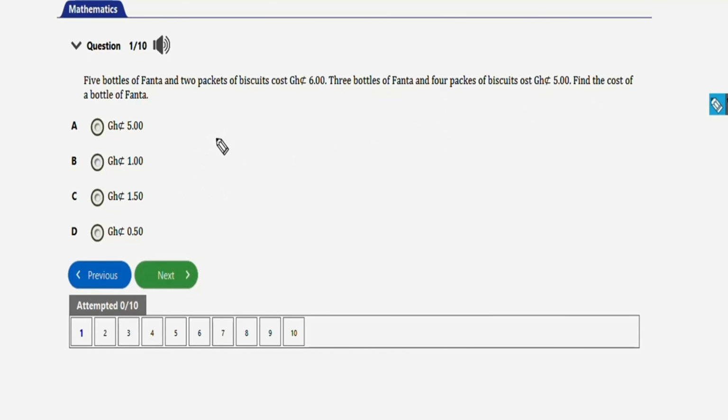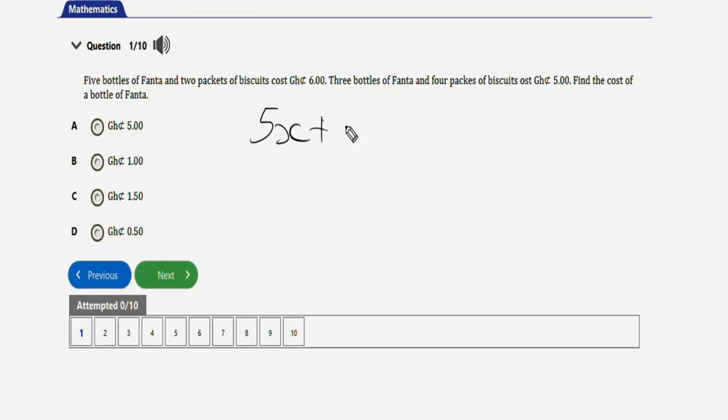The question says 5 bottles of Fanta and 2 packets of biscuits cost 6 Ghana cedis. So let's call the price of a bottle of Fanta X. So we have 5x for Fanta plus 2 packets of biscuits.